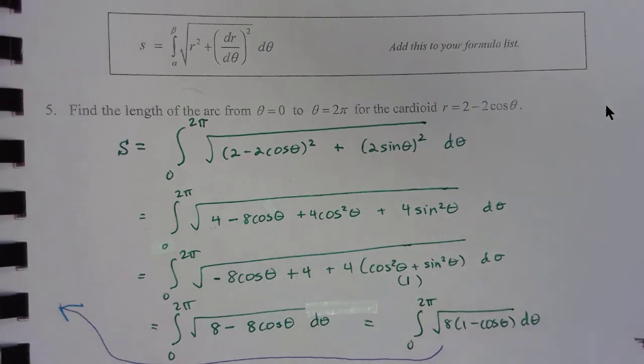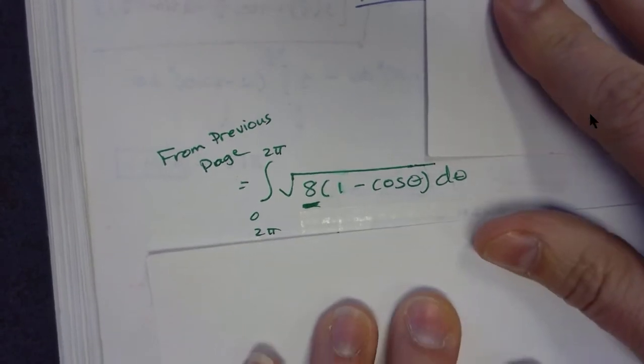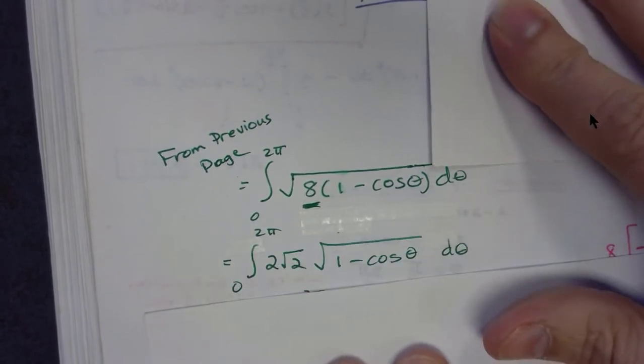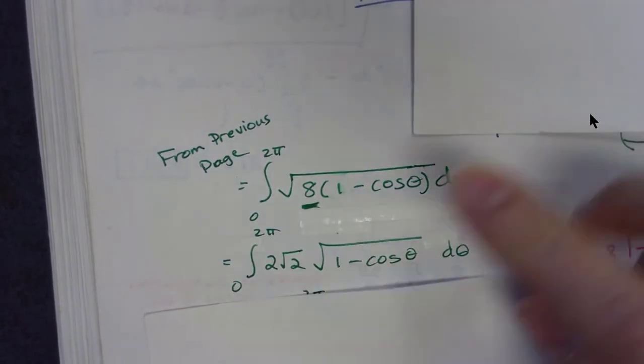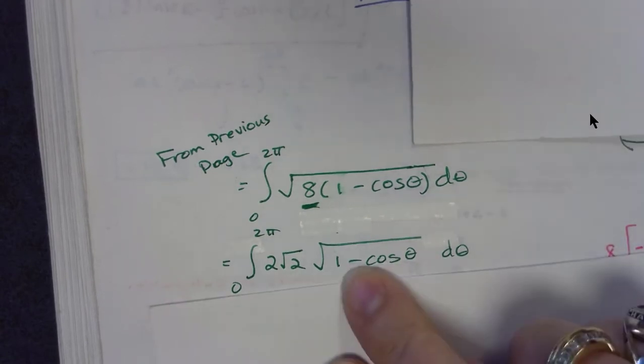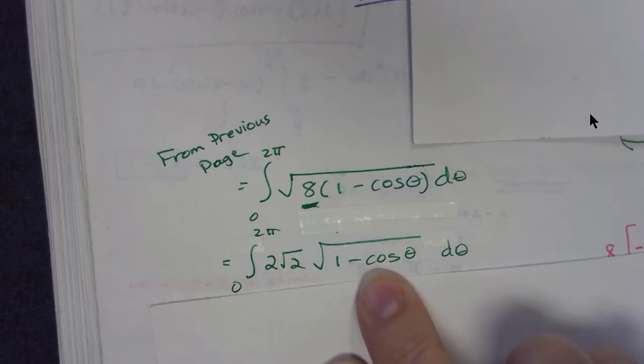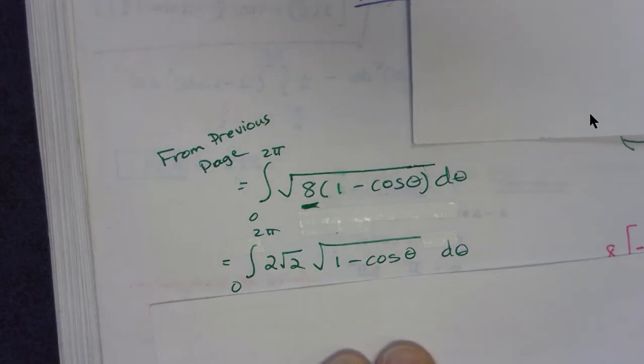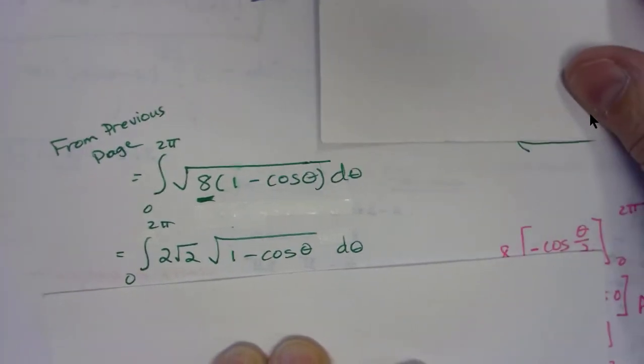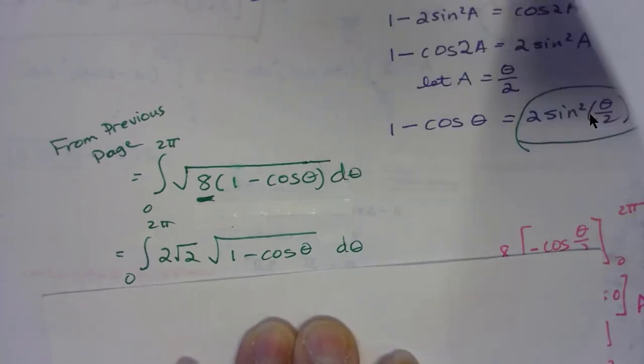This continues from the previous page. That 8 can come out from the square root and become 2 times the square root of 2. What do I do with 1 minus cosine theta? I can't make that my u, because if u is 1 minus cosine theta, I need sine theta somewhere in there, and I don't have that. So now we have to go back to our identities again.